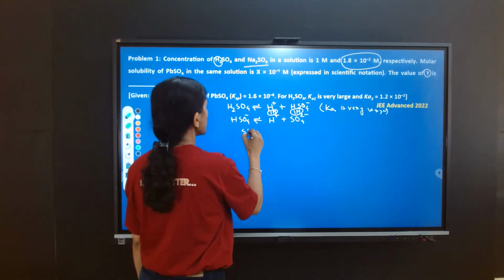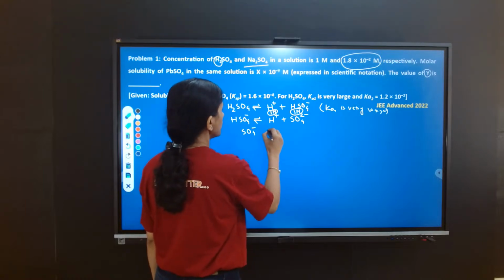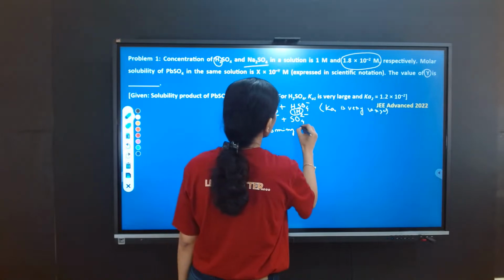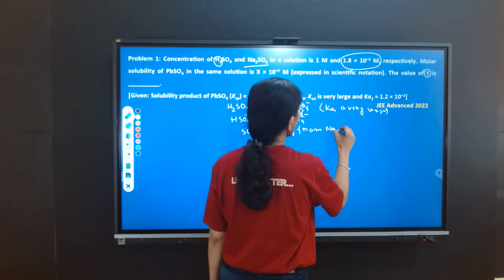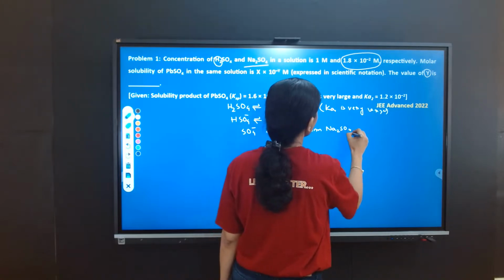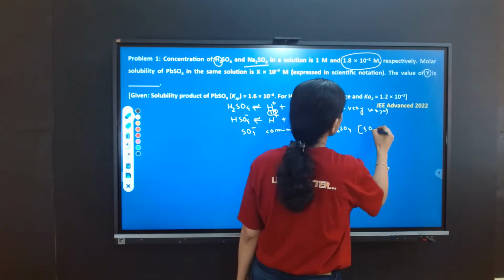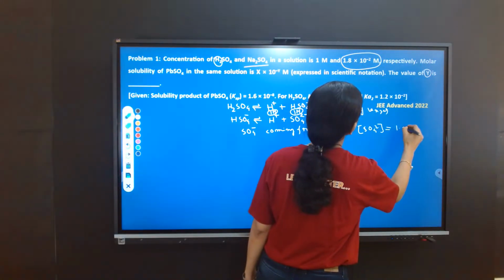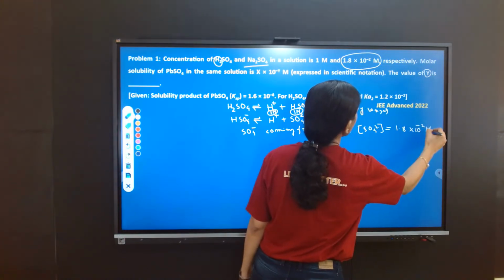So this SO4 2 minus is actually coming from Na2SO4, and its concentration then can be written as 1.8 times 10 to the power minus 2 molar.